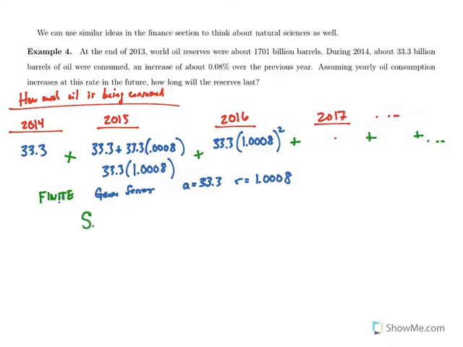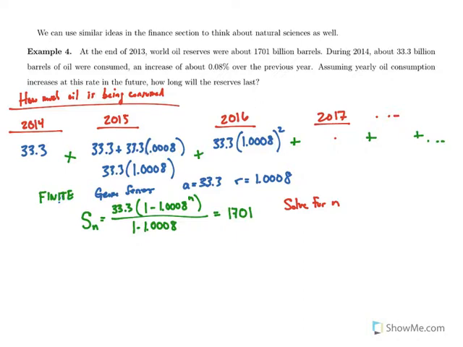So we know that S sub n here is going to be equal to 33.3 times 1 minus 1.0008 to the n power, over 1 minus 1.0008. And we want to find out for what value of n this is going to be equal to 1701. And we want to solve for n here.